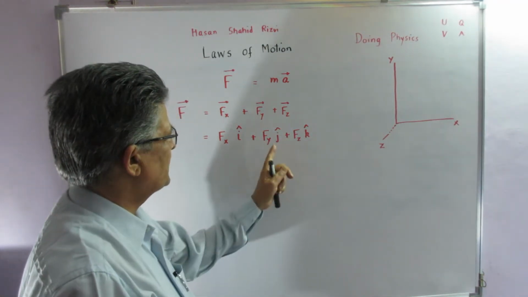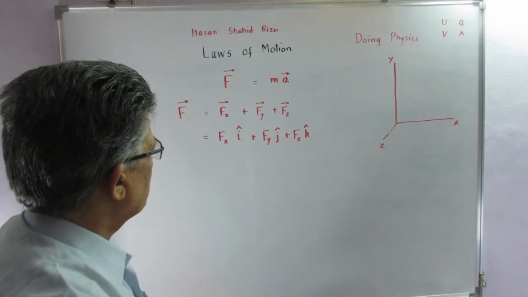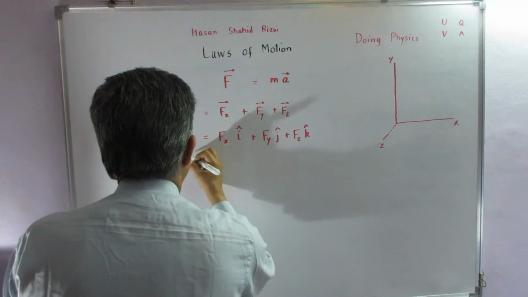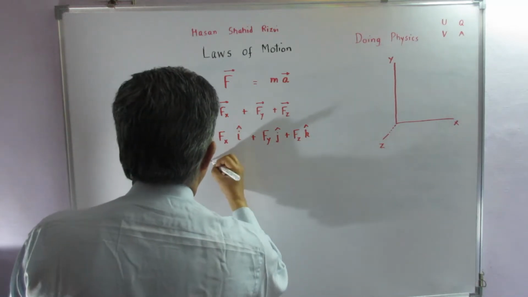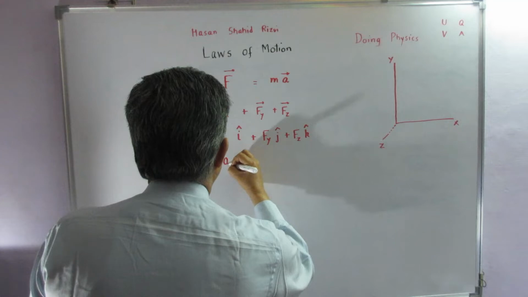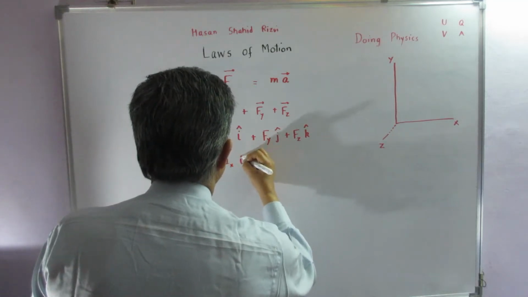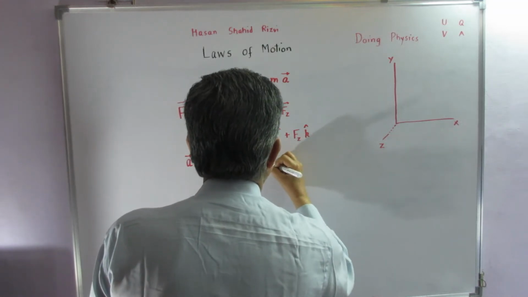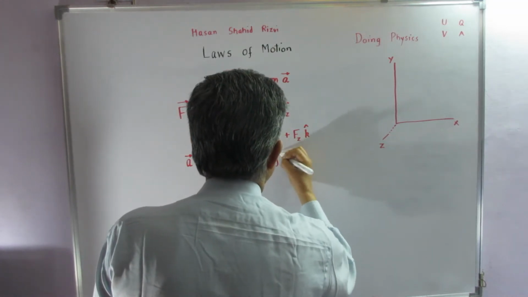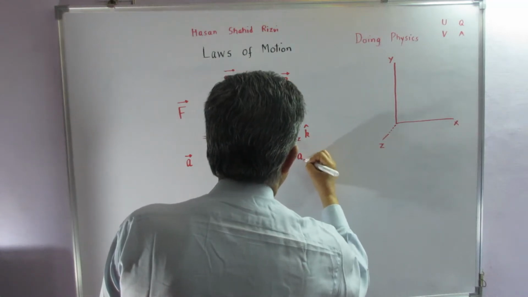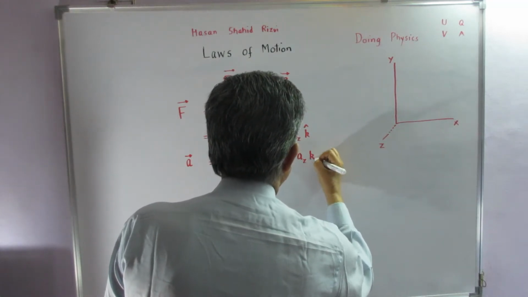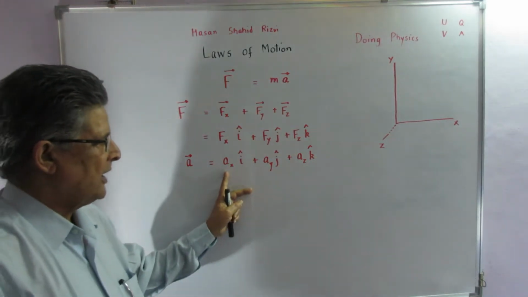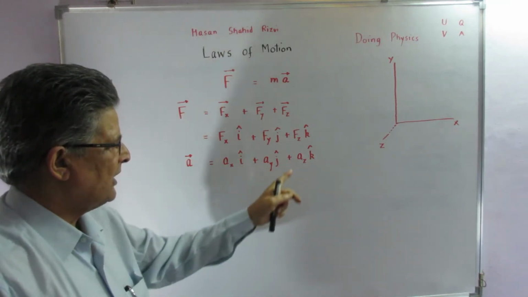So I can write also the acceleration as equal to ax i cap, I skip one step, ay j cap plus az k cap, which are the respective acceleration magnitudes along the x direction, along the y direction, along the z direction.